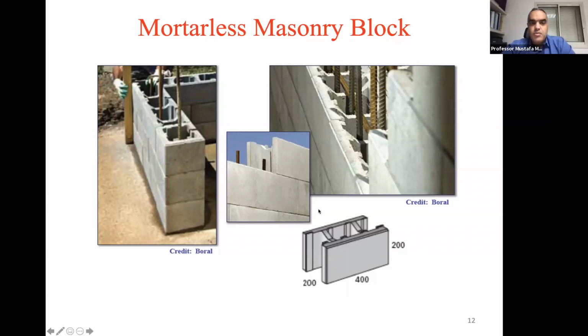Here we have mortarless masonry block. So these units can be built without mortar, as you can see. You can see the reinforcement also coming from the base here, and so these units need to be grouted to make the reinforcement effective within the masonry concrete block.